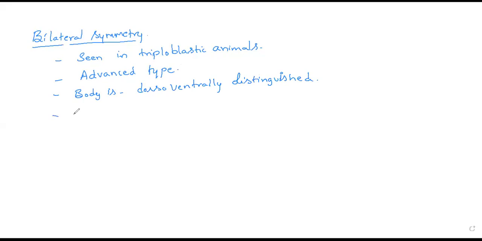Then what does principal axis mean? The principal axis is the anterior-posterior axis, from the anterior to the posterior side. Then what is the plane of symmetry? It is the sagittal plane.